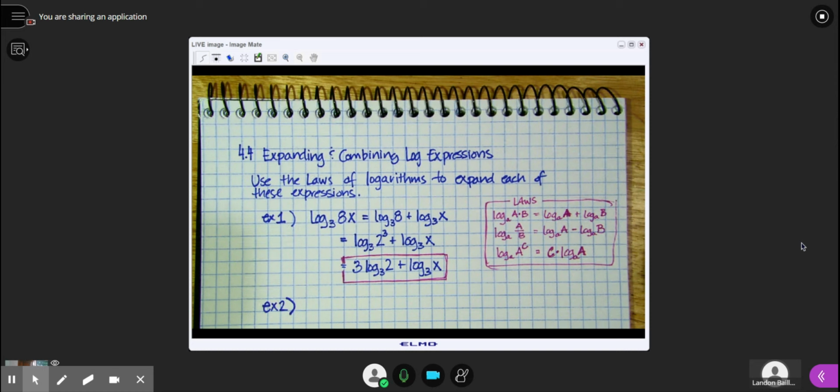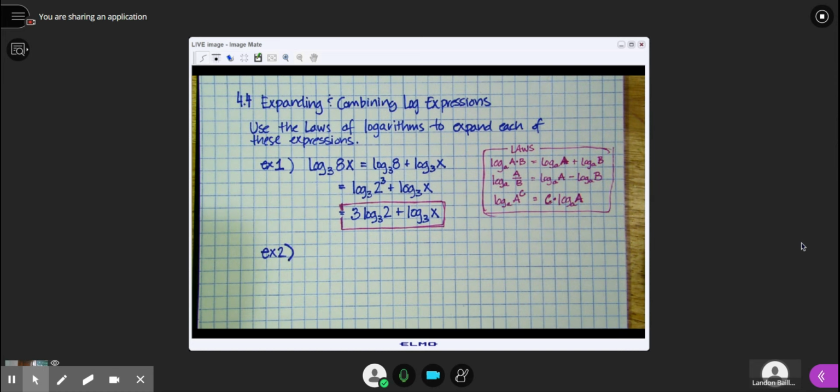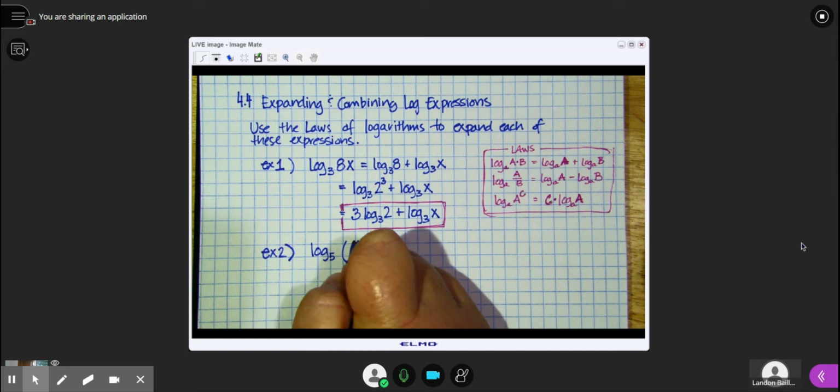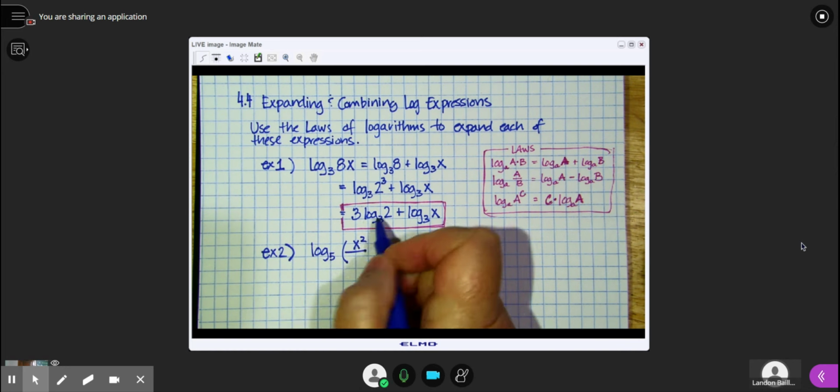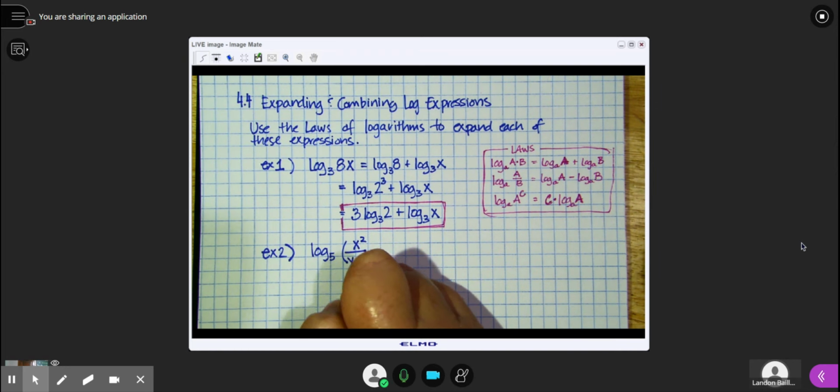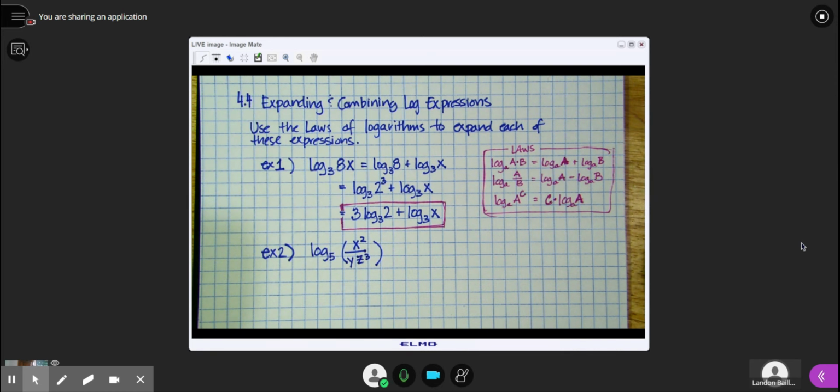Let's try a second example. Okay, we're going to expand a log base 5 of the expression x squared over yz cubed.